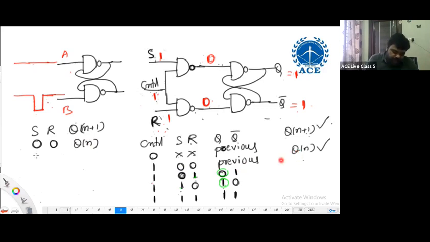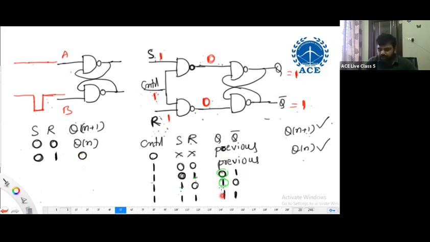When SR is 0, 1, what are we observing? Q becoming 0 irrespective of the existing value.